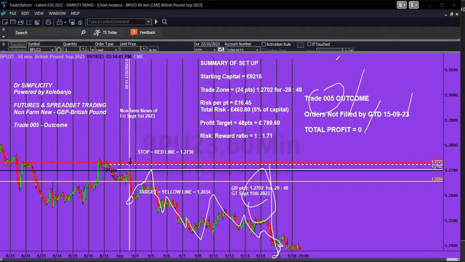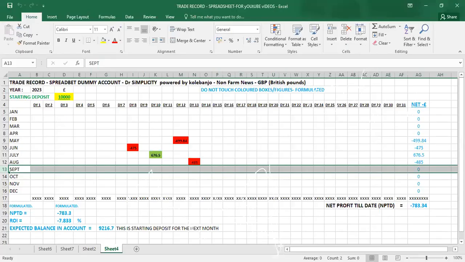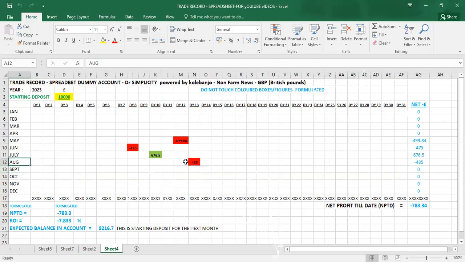Okay, let's see if we can drop this off again. So if we haven't made any profit, what is our trade record spreadsheet looking at? As you can see, I've highlighted the recording for September there. Our trade in August didn't go well. We've had 1, 2, 3, 4 trades so far. Only one has gone well, the one in July.